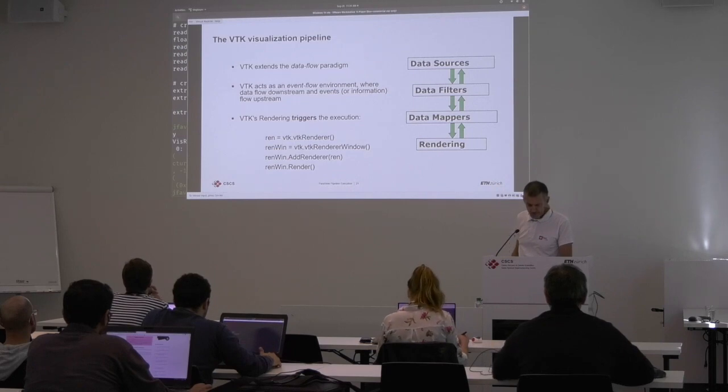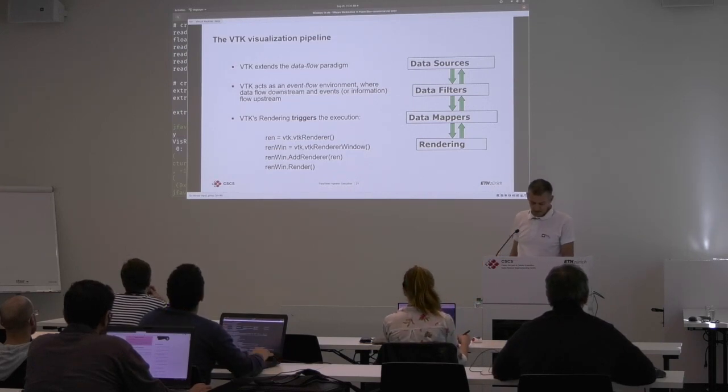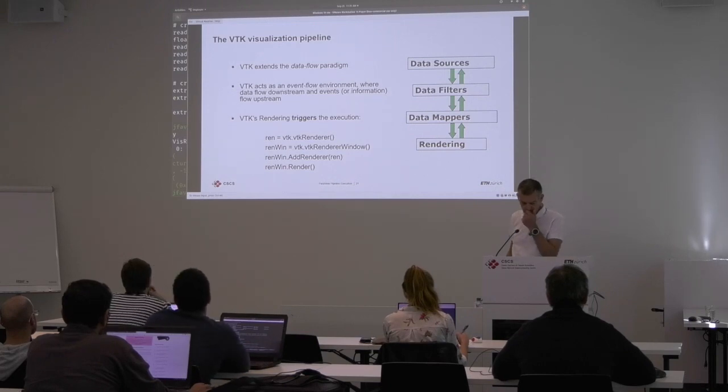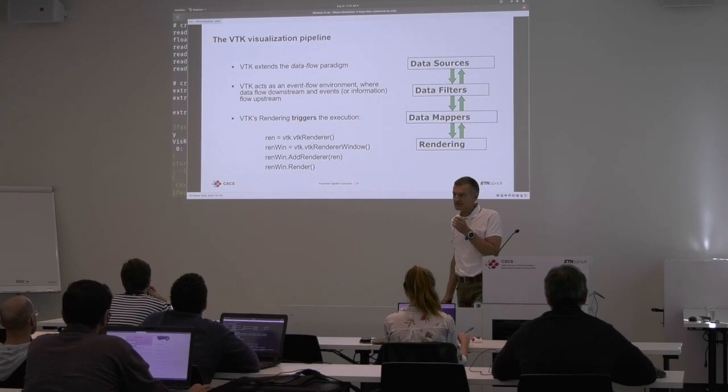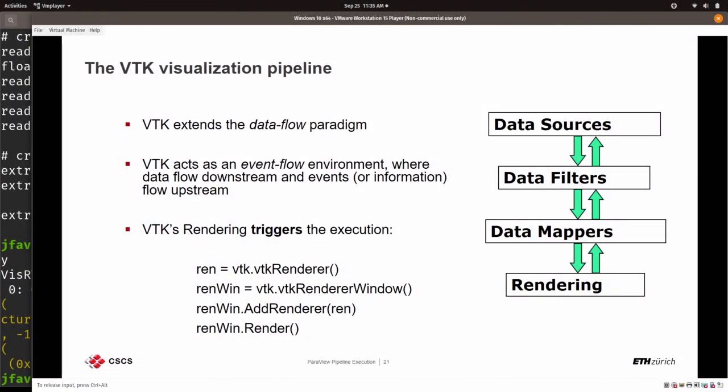Now here I have to introduce a little bit more syntax through some examples. Teaching you how to use the VTK C++ library would take another 2 days of courses, maybe next year, if you're interested. But basically, how do we trigger the execution? We have an object called the VTK renderer.